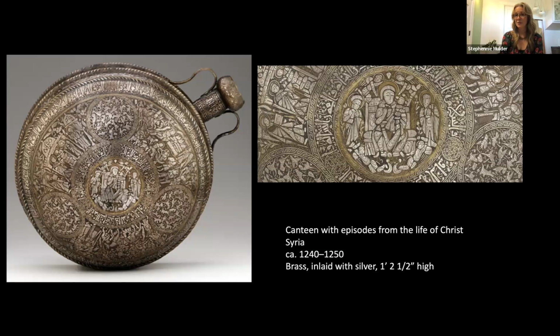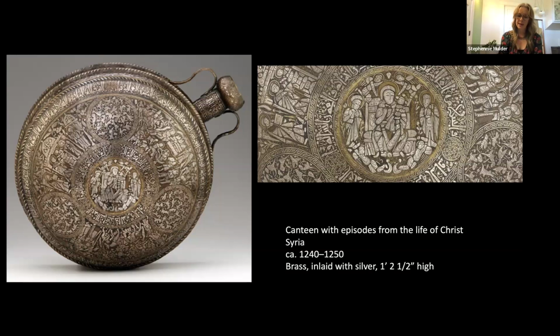And even after there is a majority of Muslims in these regions, Christians, Jews, and others remain a significant and influential minority, often including having places of honor within various Islamic rulers' courtly apparatus. Such is certainly the case with works like this one, the Great Canteen in the Freer Gallery in Washington, D.C., produced in the 13th century in Syria in Islamic style, but bearing Christian imagery.